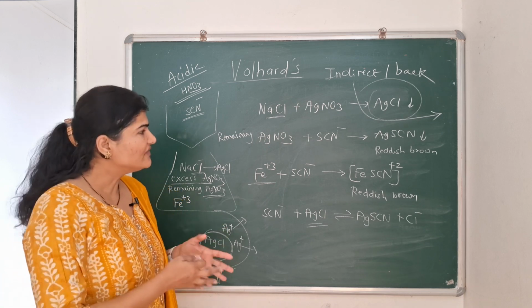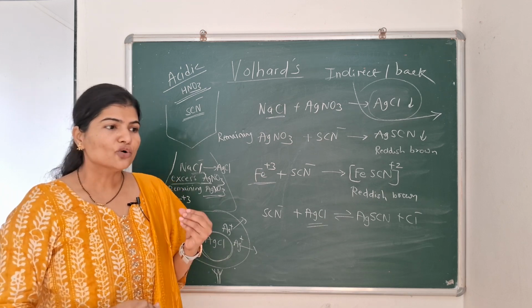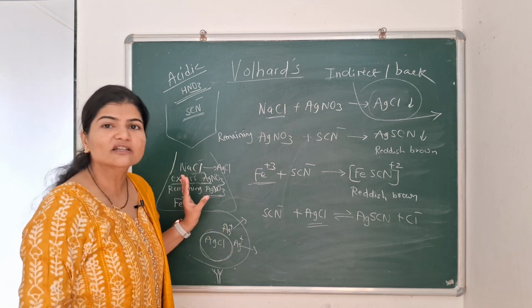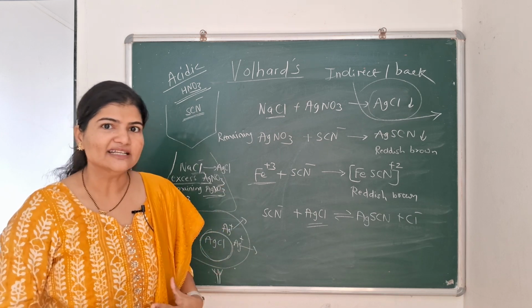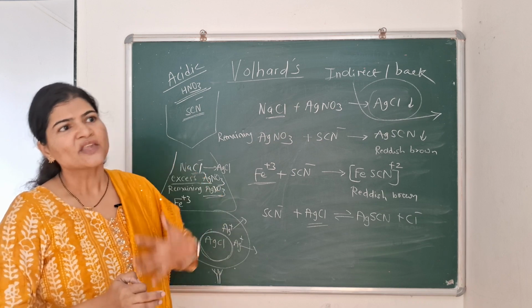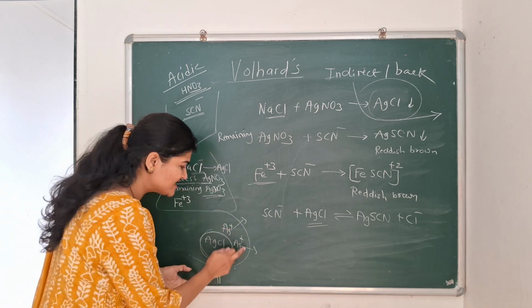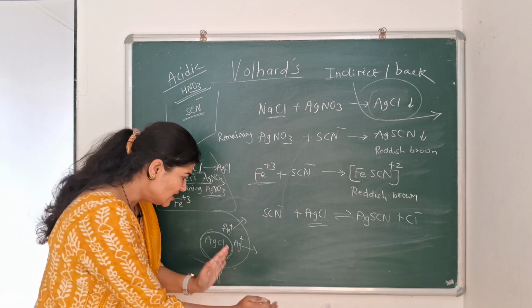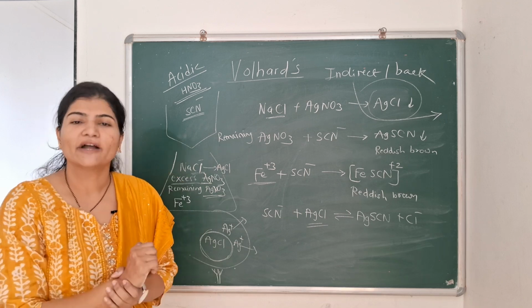Then yes, what we can do is add a coagulant. A coagulant like potassium nitrate can be added to the solution itself. When a coagulant is added, it prevents the adsorption of silver ions on the AgCl PPT. The coagulant reacts with AgCl PPT and makes it immobile.